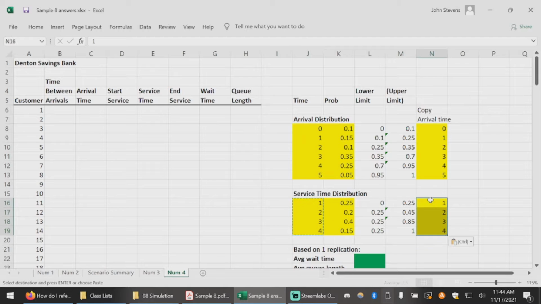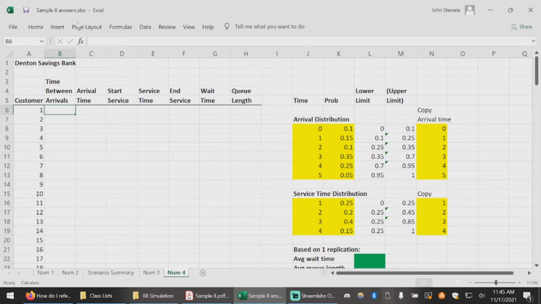And this is just the copy of my service times. Okay, so we need those, just like before, it's always the same. Okay, so we're going to generate a time between arrivals.